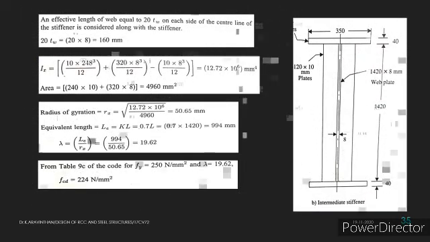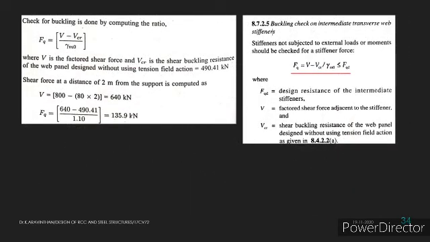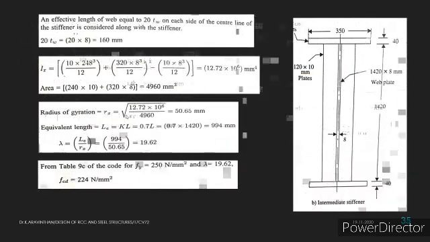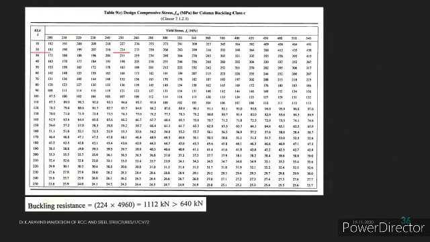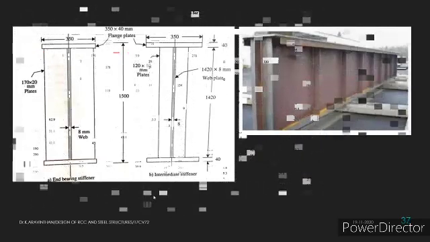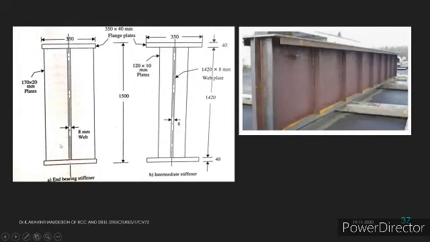What is this 640 kilonewton? We already found the 640 kilonewton as the shear here. So it is far greater than that, and also we shall check that FQ is 135. Our resistance is 1112. Hence, the bearing capacity of the stiffener is far greater. Hence, it is safe.